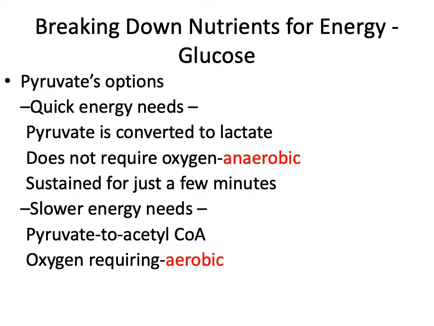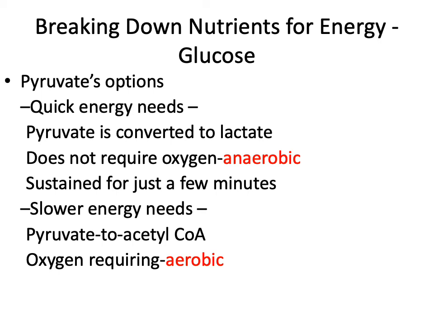So once we break down glucose into pyruvate, again, a number of things can happen. It can be used for quick energy by converting it into lactate. And that does not require oxygen. So that's an anaerobic process. But we cannot maintain that for very long because there just isn't a big supply of carbohydrate.